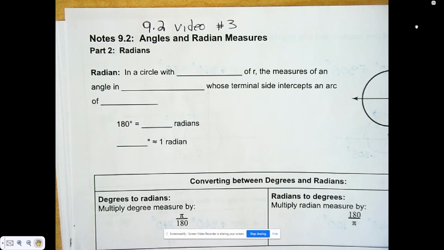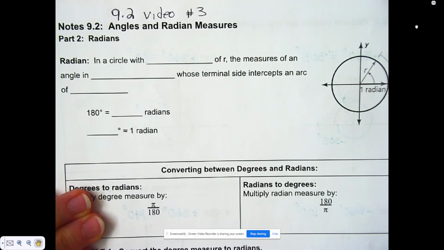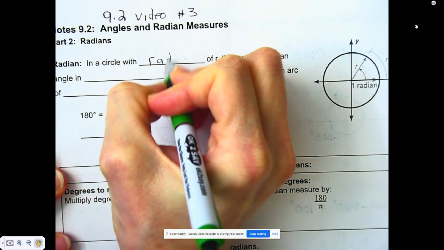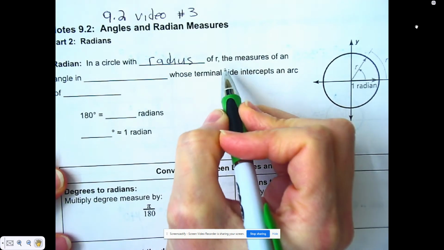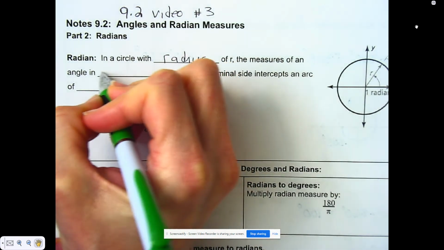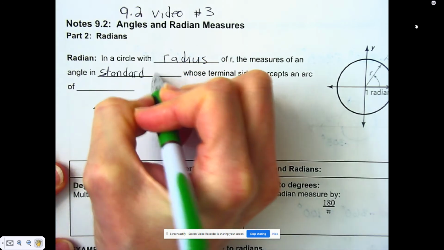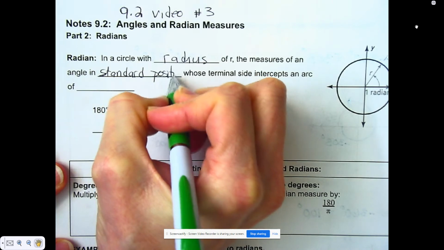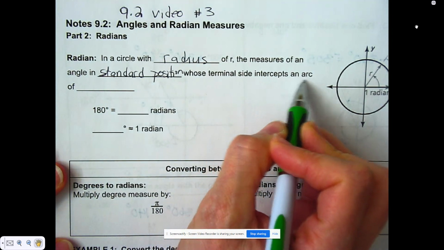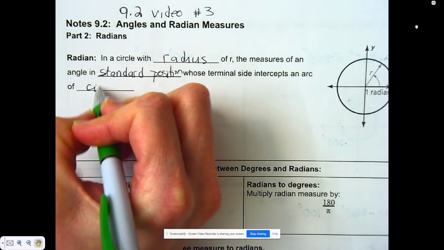Let's take a look here. A radian in a circle with a radius of r measures the angle in standard position whose terminal side intersects an arc of a circle.